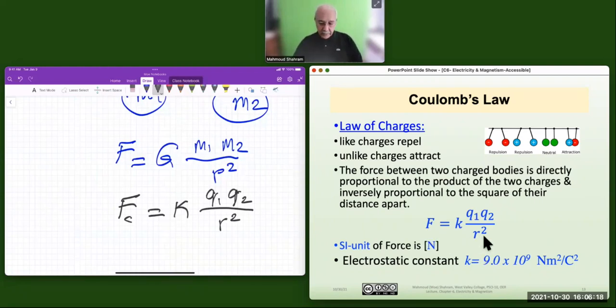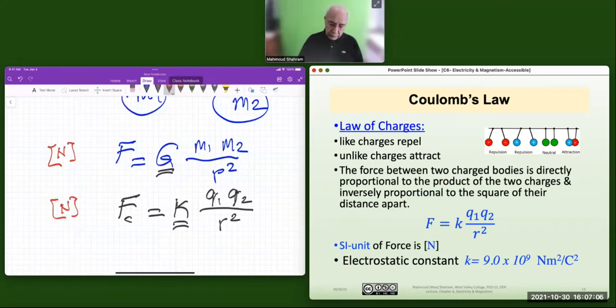For one thing, this constant k is totally different from this constant G. The unit of force is obviously the same. The unit of force is the Newton, and that doesn't change. So Newton here and Newton there. The unit of charge is the coulomb, and the unit of distance is the same.